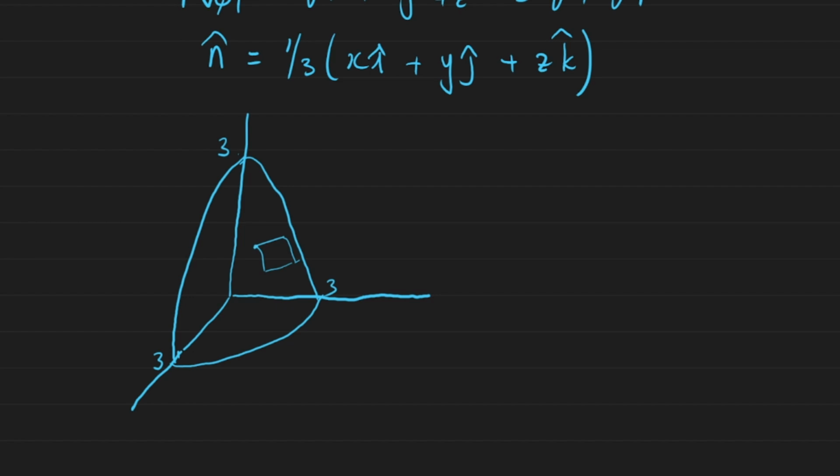We'll take our point, we'll take that as the point, and we know that to work in spherical coordinates, we have 3 variables. They are rho, which is actually the radius of the sphere, so that's rho. And then we have phi, that's the angle between the z-axis and rho, so that's actually phi right here.